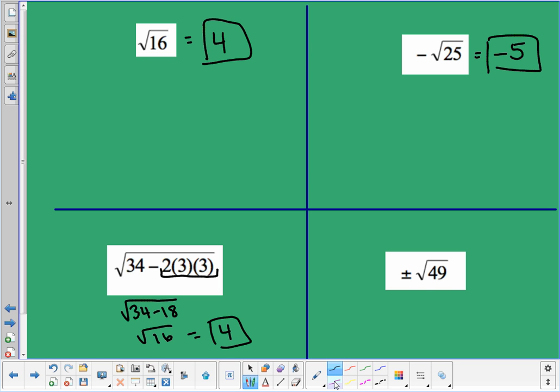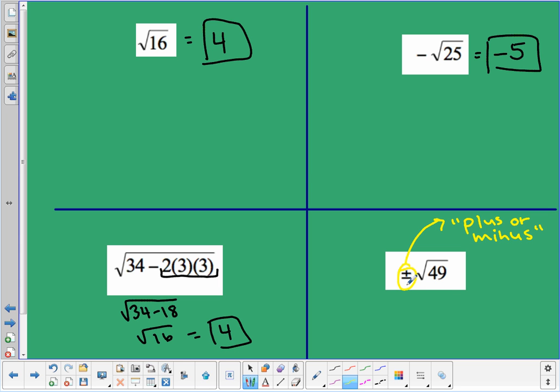Plus or minus, this little symbol right here, is probably a symbol you have not seen before. That is read plus or minus. That really just means that we want both varieties. We want the positive version of the square root of 49 and the negative version, because there are two different possibilities that give me 49 when I multiply a number by itself.